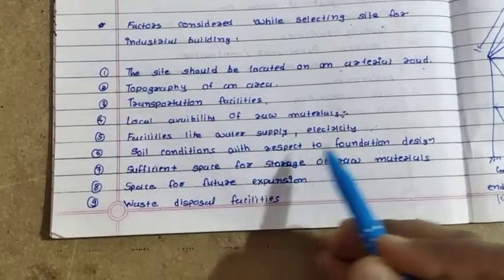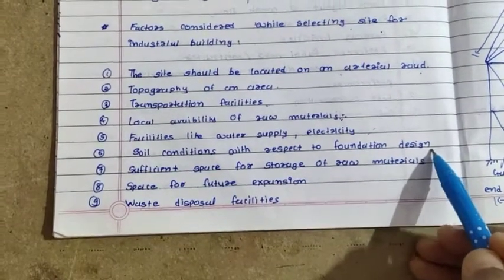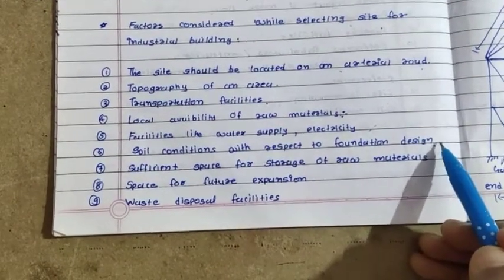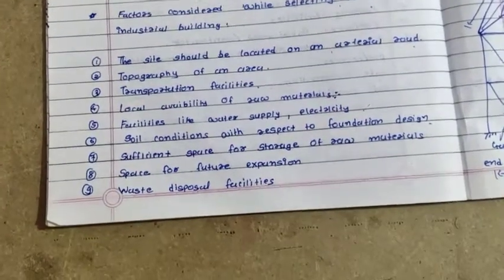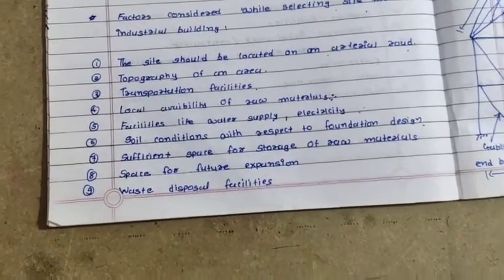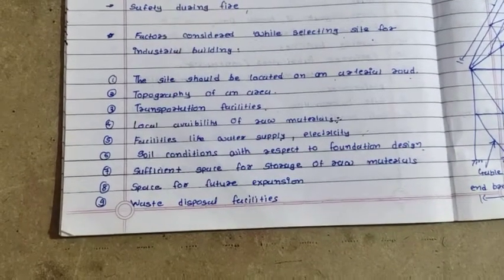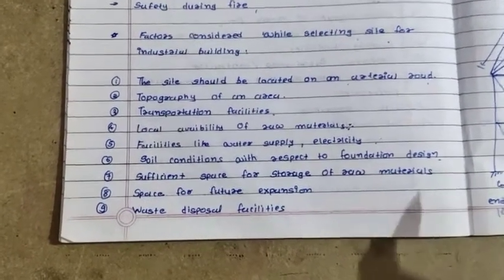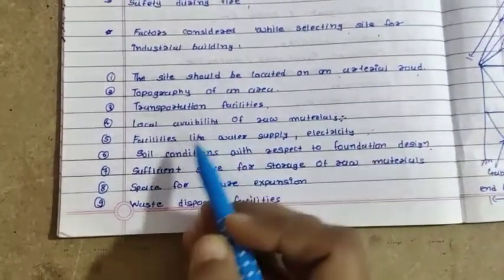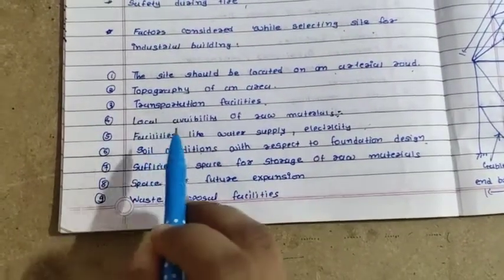Soil conditions with respect to the foundation design: if the soil conditions are not suitable for industrial type foundation design, there is no need to construct the industrial building. So most important is the soil condition, soil testing first.